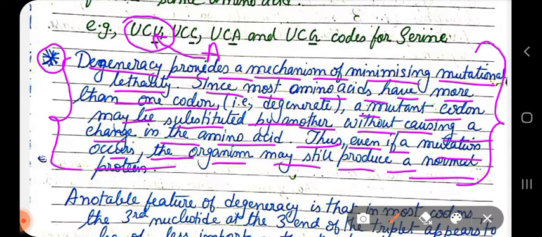That is what complete degeneracy is about. Without causing a change in the amino acid, it is getting substituted. So even if a mutation occurs within the organism, it may still produce a normal protein.